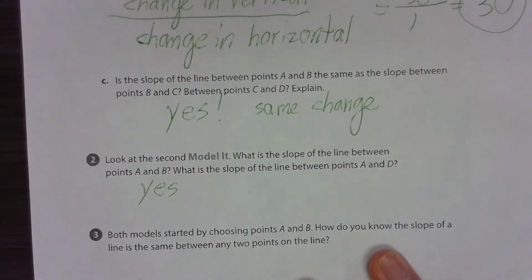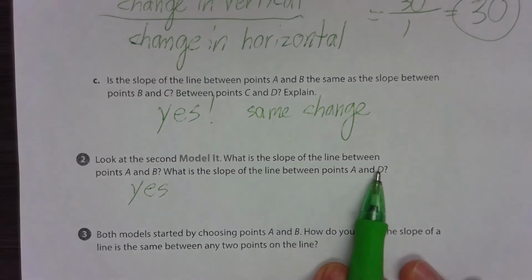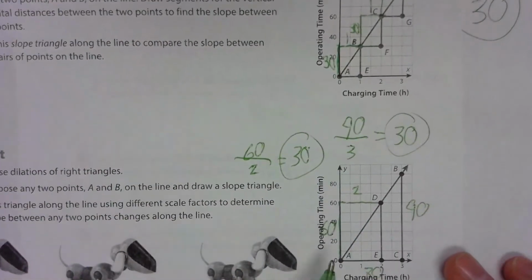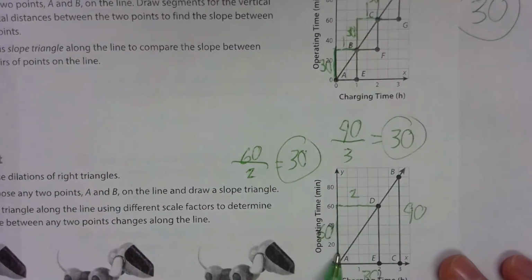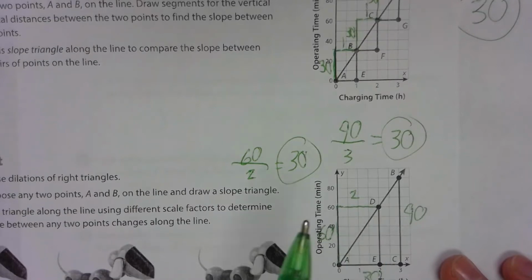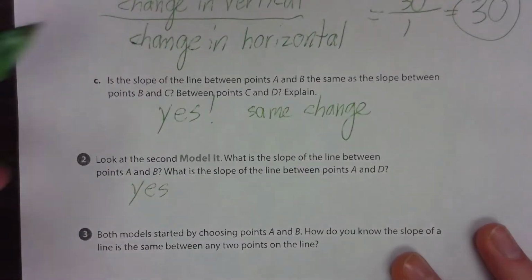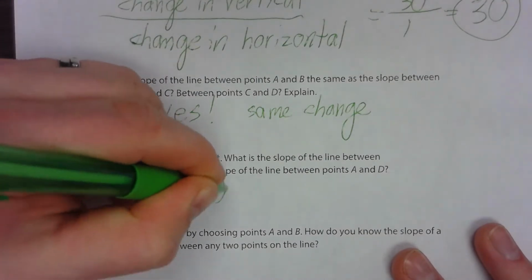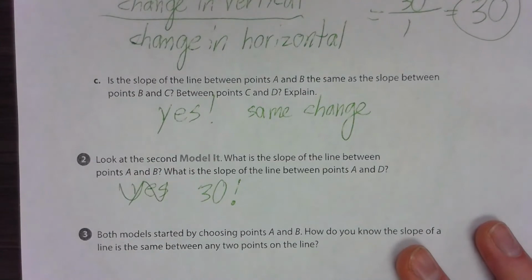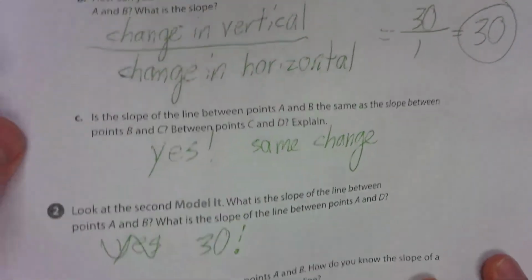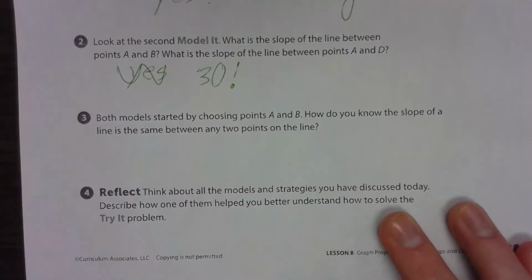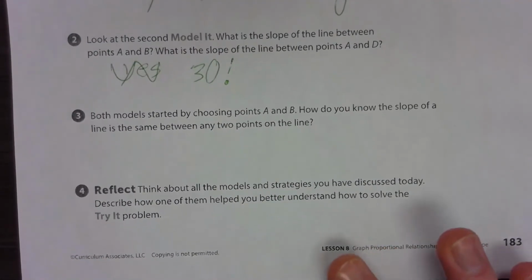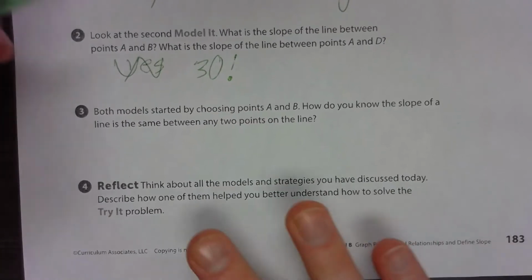Okay, number 2, look at the model it. What is the slope of the line between A and B? What is the slope of the line between A and D? Well, we said 30. It's 30. We looked. Okay, both models started by choosing point A, B. How do you know the slope of the line is the same between any 2 points?